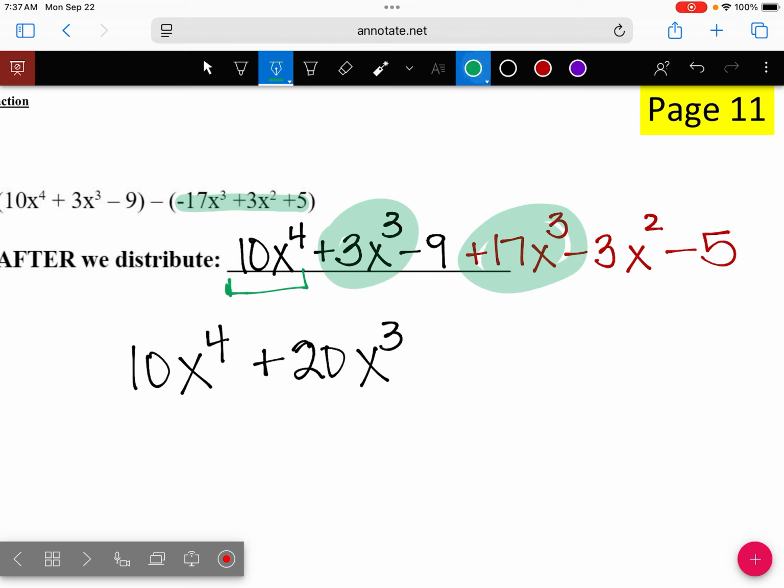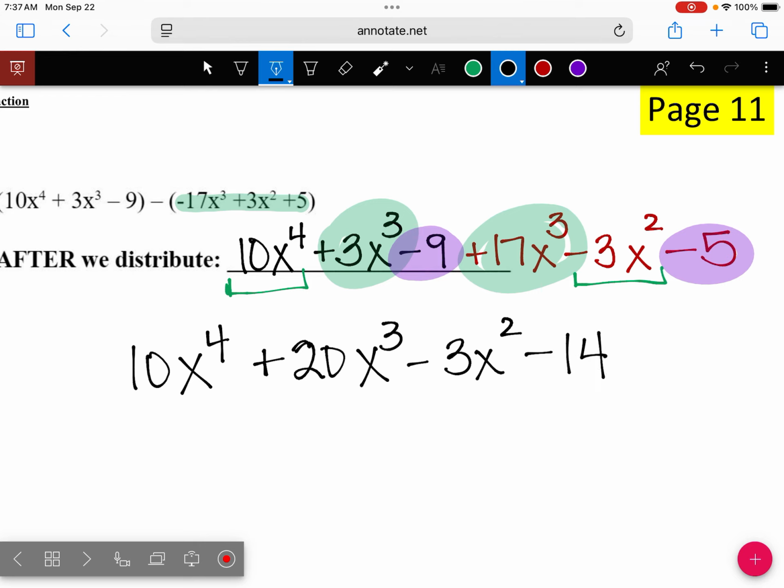All right, there's only one x to the power of 2, so that stays by itself. But there are two numbers, two constants, negative 9 and negative 5, which gives you a negative 14. All right, any questions?